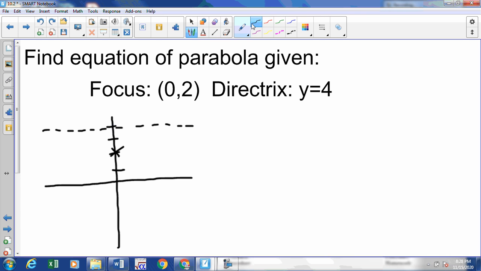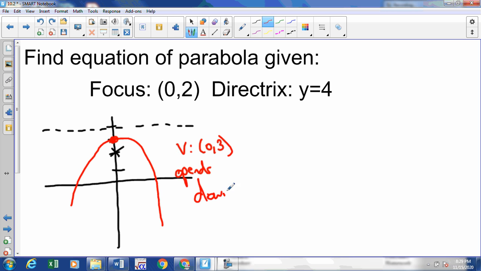So right away the question becomes, which way does this open? Well, we know between my focus and my directrix, my vertex has to be right in the middle. So this is going to open something like this. So right away I know my vertex is (0, 3), and this opens down.